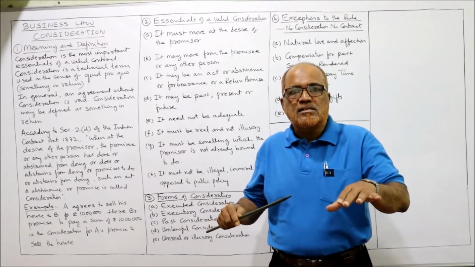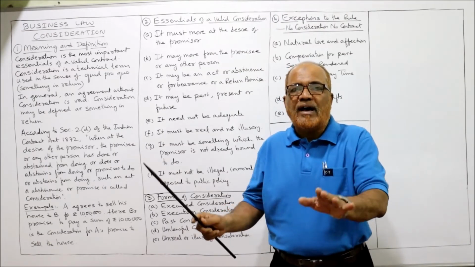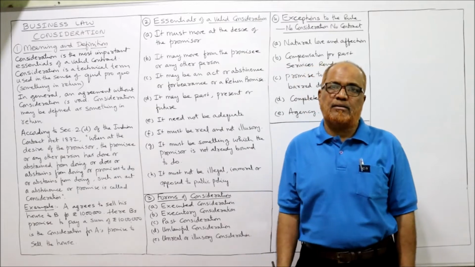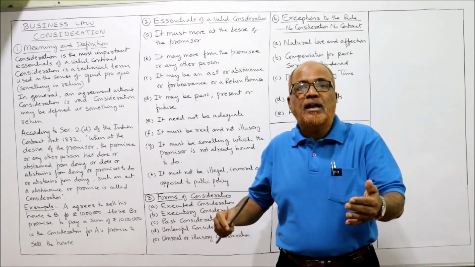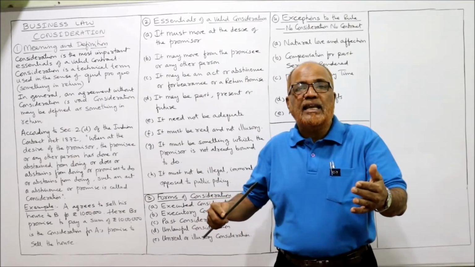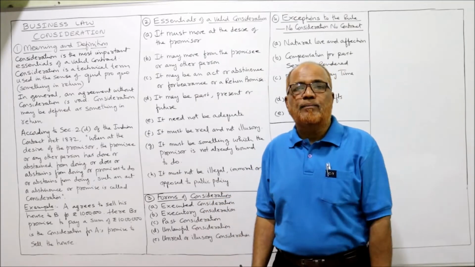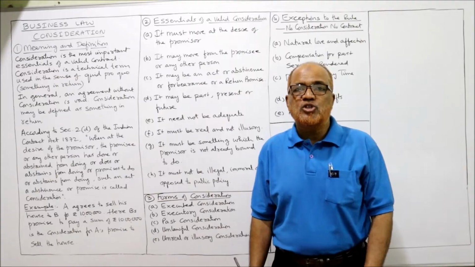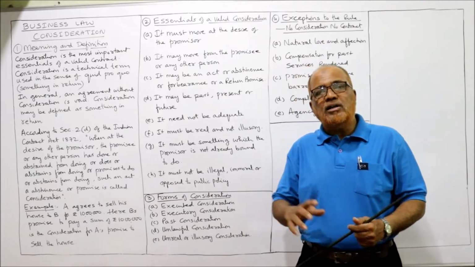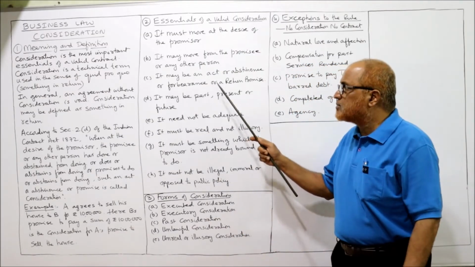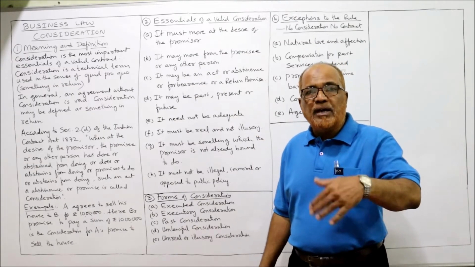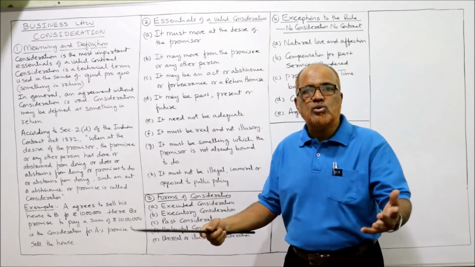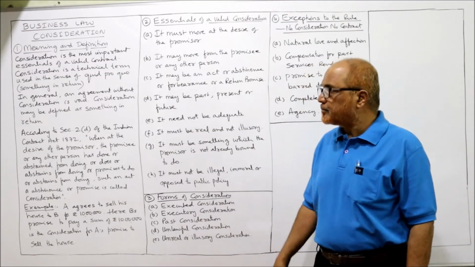On that basis, the wife has not sued her husband. So there is a forbearance. She has not taken any legal action against the husband. So that is the consideration. It is not necessary that consideration should always be an act. It can be an abstinence. It can be a forbearance. That is also a consideration.